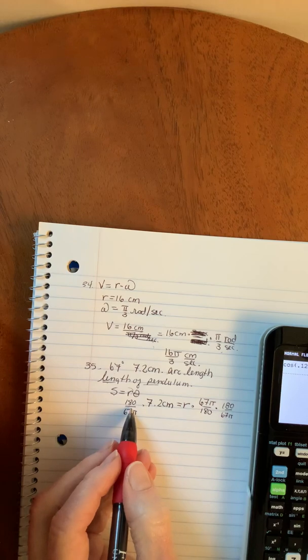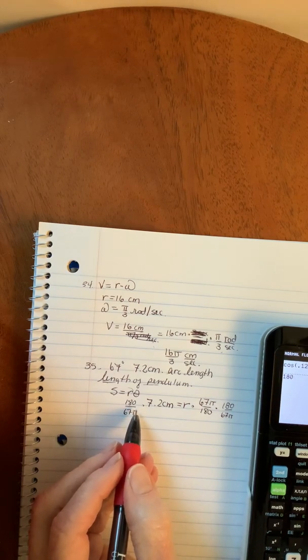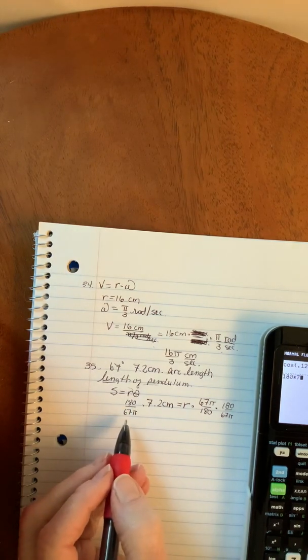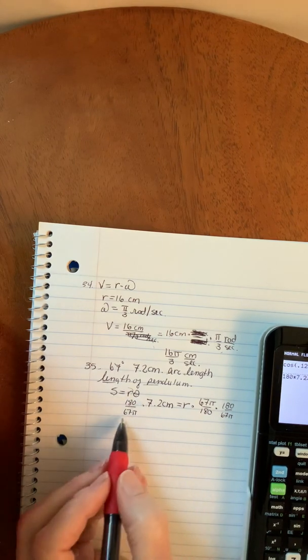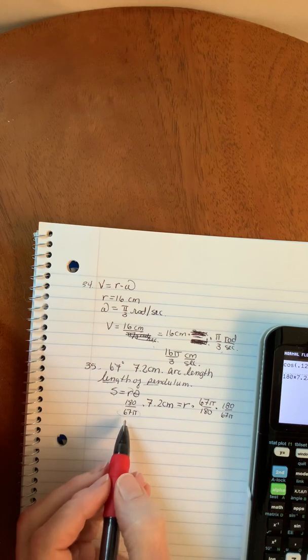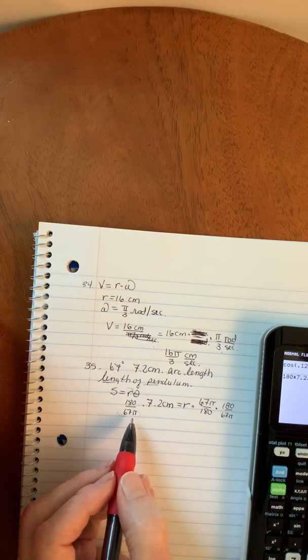So I'm going to take 180 times 7.2, divide by, now be careful when you divide here. I've got to put the whole thing in a package, so 67 pi. If I don't, I will be multiplying by pi, not dividing.